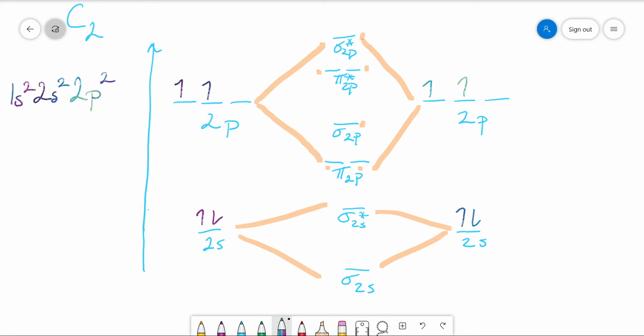Again, we just start at the bottom and fill in up to the top, and we have 8 total electrons: 1, 2, 3, 4, 5, 6, 7, and 8. Now we can answer the same questions we've answered every single time. Paramagnetic or diamagnetic? Well, we only have paired electrons, so this is diamagnetic.